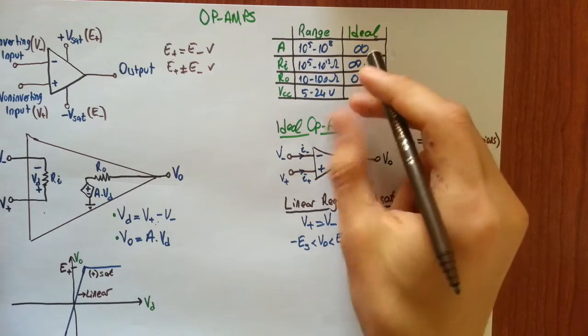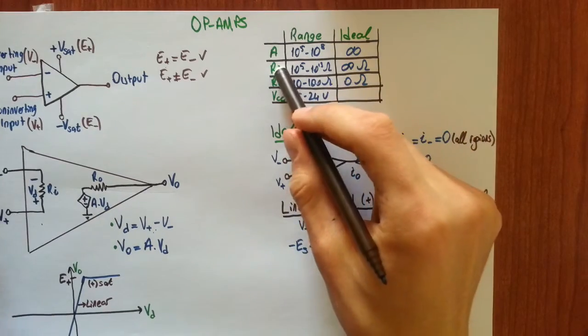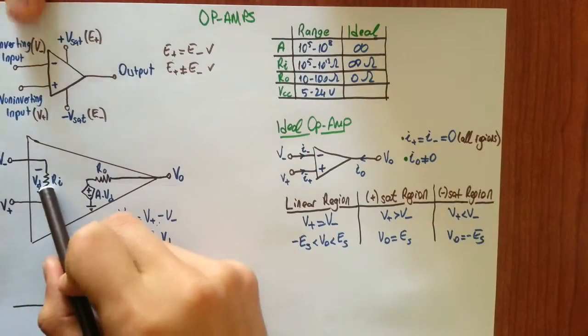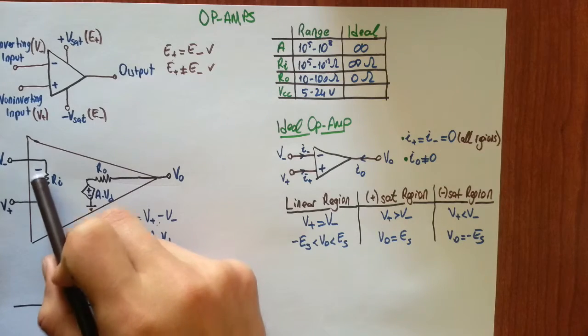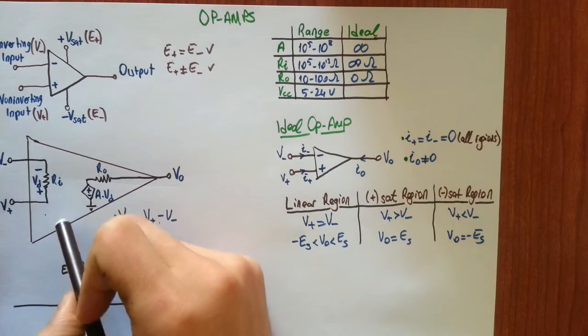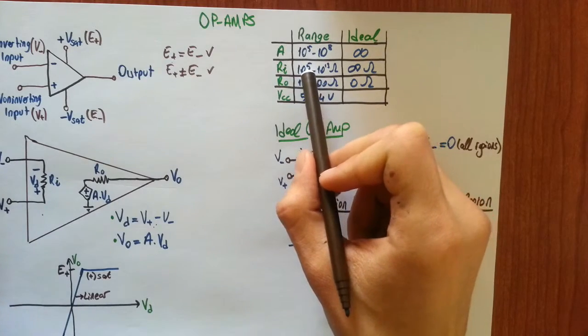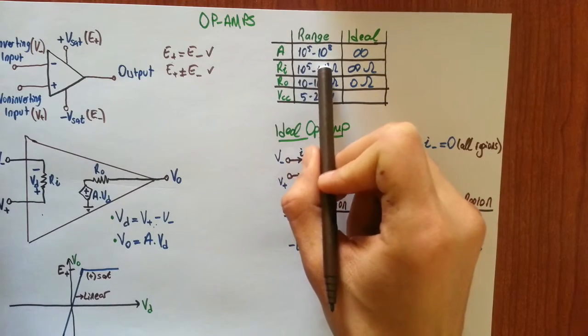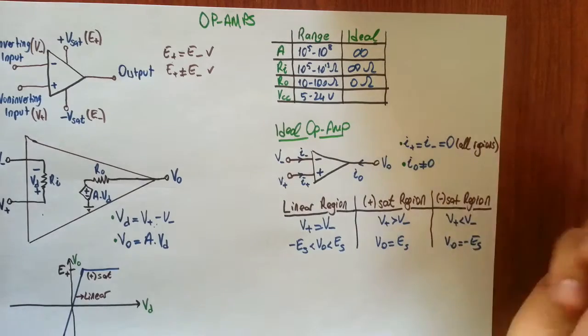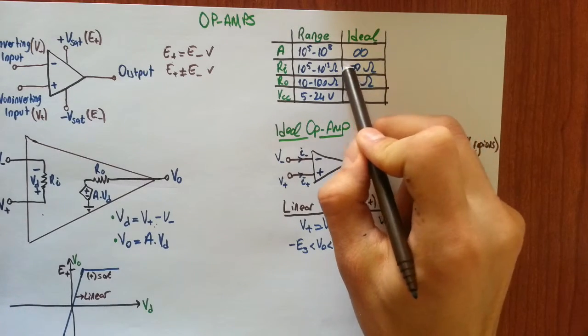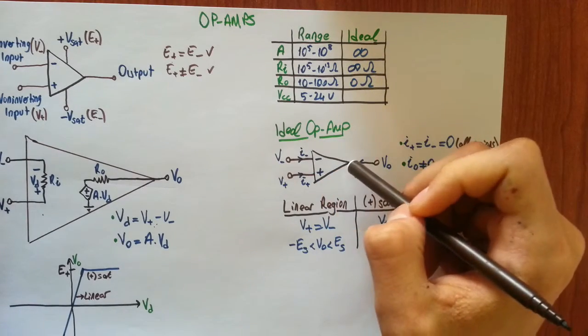Alright? The input resistance, that is this resistance, and VD is defined across that resistance actually. In real life, that resistance is between 10 to the 5th and 10 to the 13th. But in ideal questions, we are assuming that it is infinity.